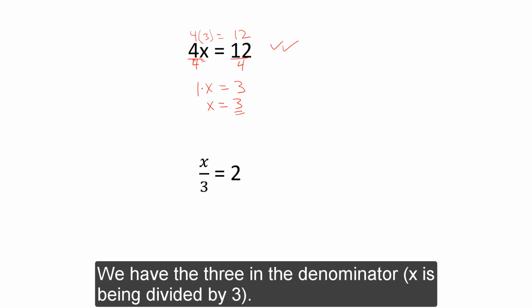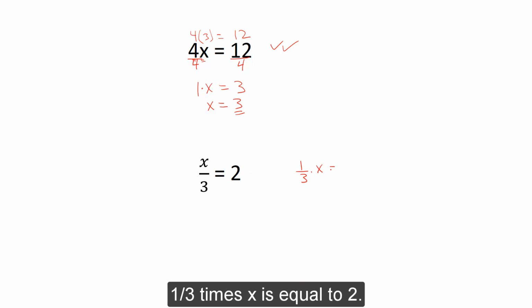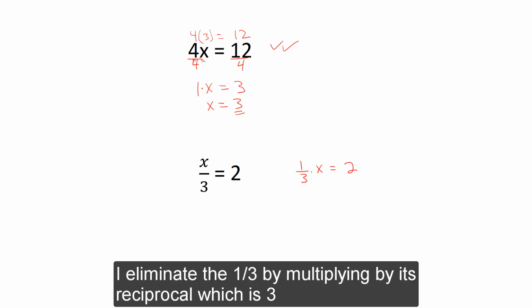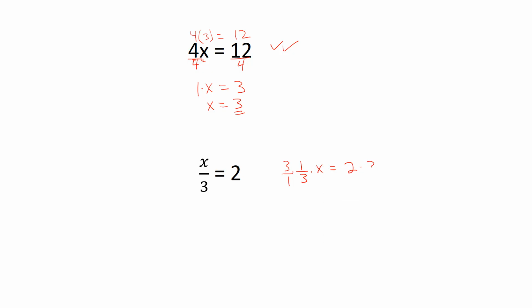Here I have the 3 in the denominator. X is being divided by 3. You don't have to do this, but you can think of this problem as really 1/3 times x is equal to 2. How do I eliminate the 1/3? I multiply by its reciprocal, which is 3. But remember, if I multiply the left by 3, I must multiply the right by 3.